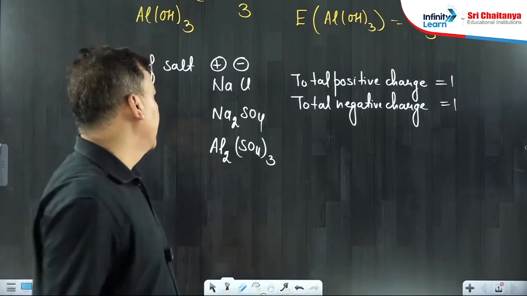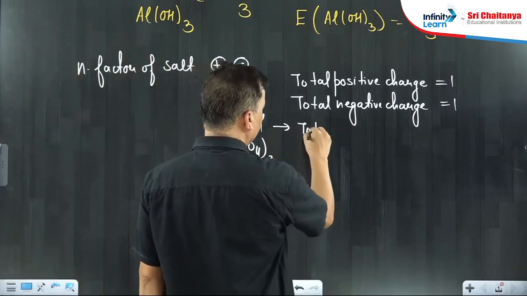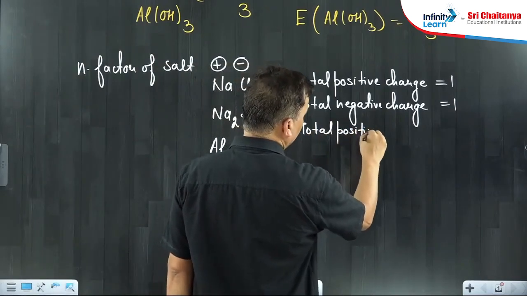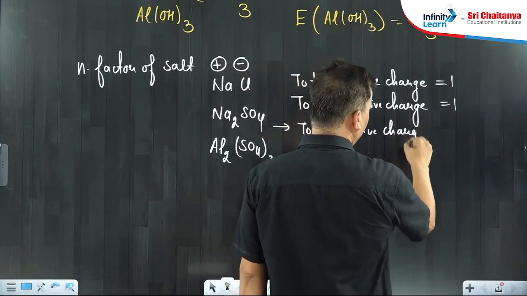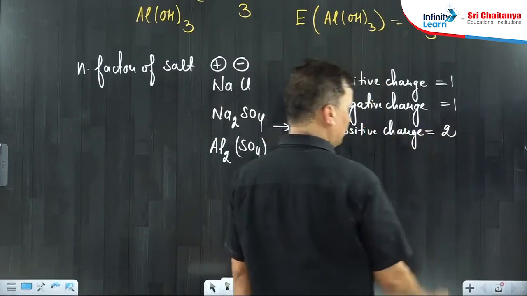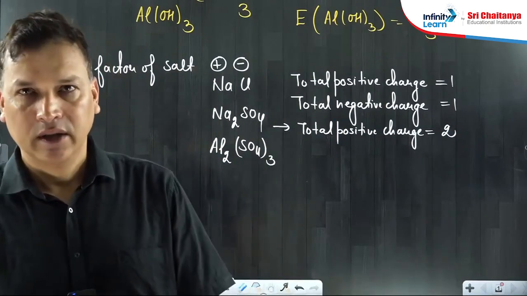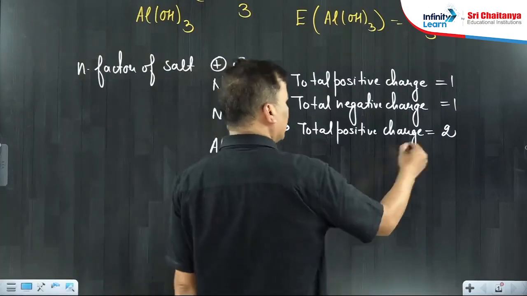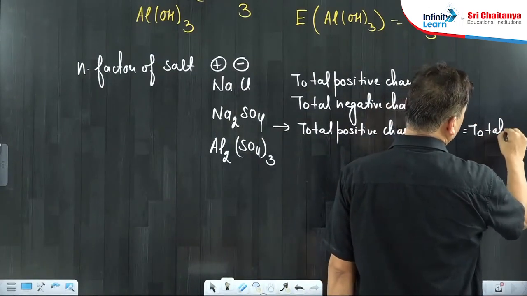In the same way, if we are talking about sodium sulfate, the total positive charge is equal to, please tell me, 2. And in the same way, the total negative charge. Are you understanding or not?